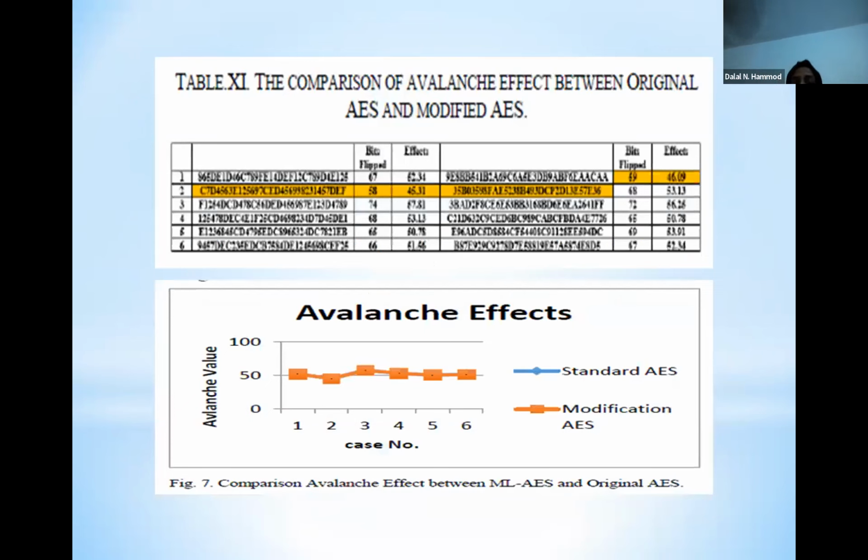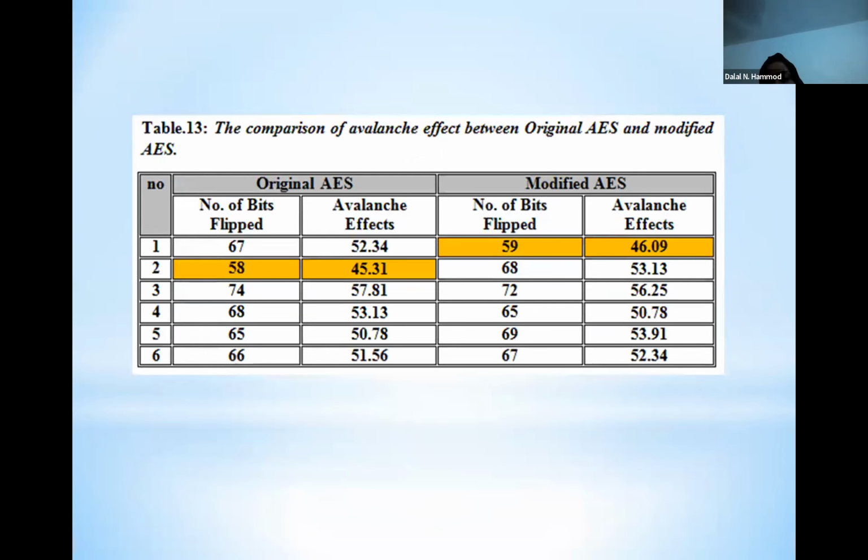Table 8, which represents the flipped bits for each block in the ciphertext compared to the plaintext bits. This is the number of bits flipped in the tested six ciphertexts with different values, and the avalanche effect.